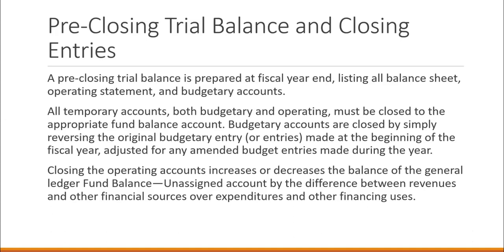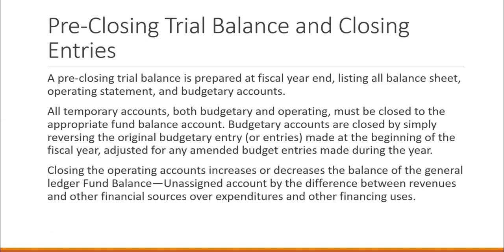At the end of the accounting period, we're going to create a pre-closing trial balance listing all of our accounts, very similar to a business entity, and then we need to close temporary accounts. Again, this is very similar to the business accounting that you've learned about.